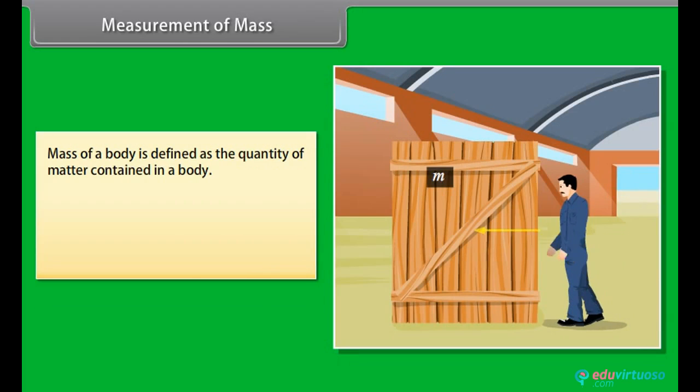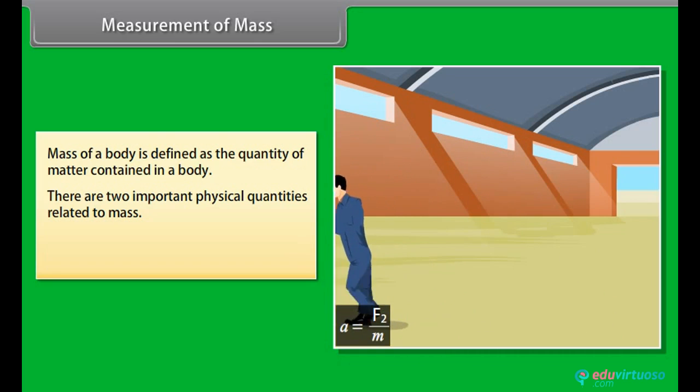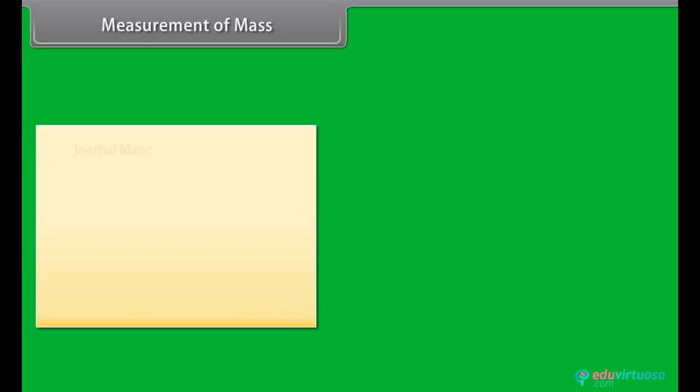Measurement of mass. Mass of a body is defined as the quantity of matter contained in a body. There are 2 important physical quantities related to the mass of a body: inertial mass and gravitational mass. Inertial mass.